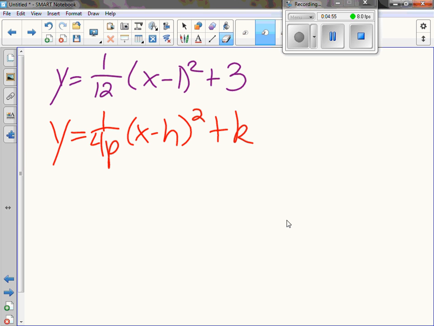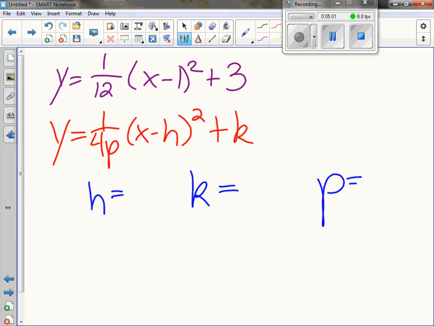H, K, P. Do I know what the value of H is? So it's x minus 1 inside, right? So the minus and minus match up, so the value of H is 1. So inside the parentheses still comes out the opposite sign.